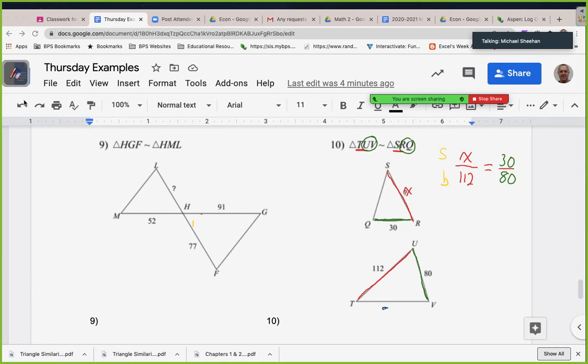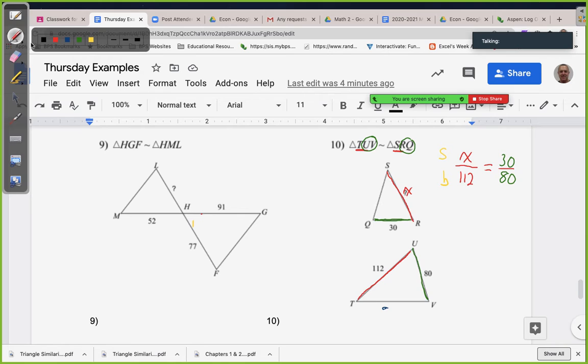And now I want to cross multiply. So I'm going to multiply the X with the 80, and I'm going to multiply the 30 with the 112. I'm always going to start with the one that has the X. X times 80 is 80X.